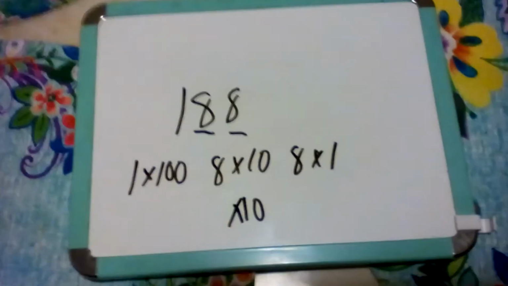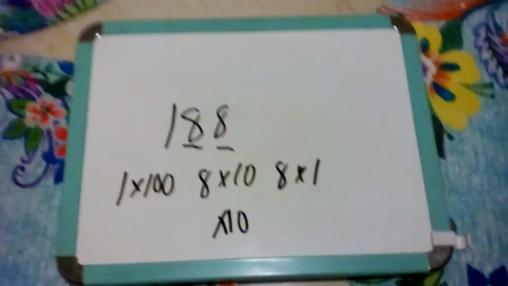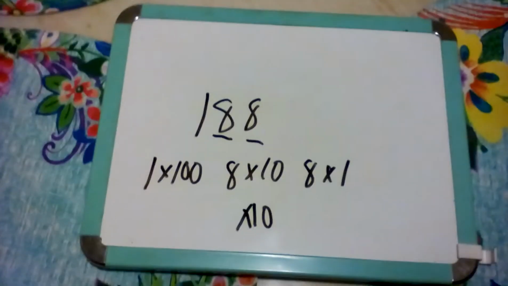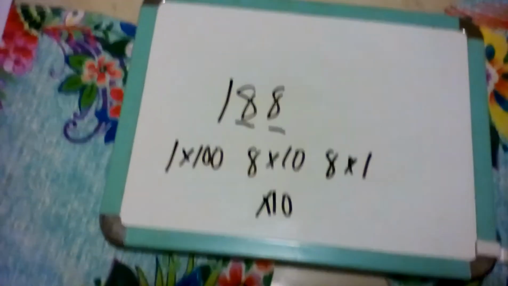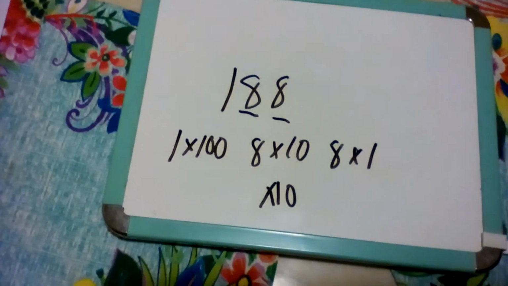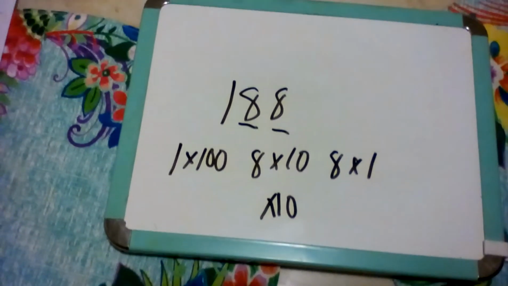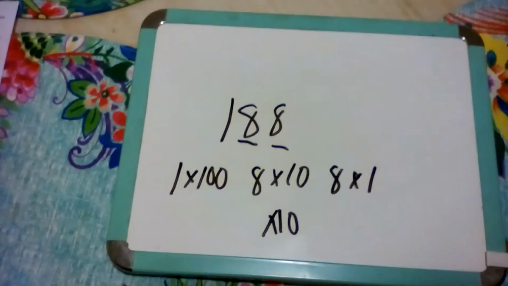So this is really how you have to look at place value. When you're looking at these multi-digit numbers, you have to think about what the digits in the number actually represent. And the only way you can do that, class, is by understanding place value.